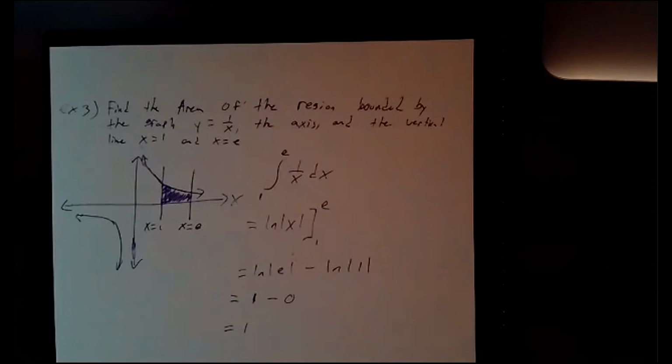It's the natural log of x, and then natural log of 1. Yeah, natural log of 1 is going to be 0. A log of any base evaluated at 1 will be 0. Okay.